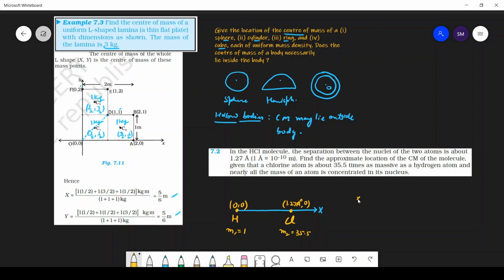The position of the center of mass, capital X, is equal to m1x1 plus m2x2 divided by m1 plus m2. There is no need to change into meters, because the answer will also come in angstrom. And as I told you, if you take the masses as x and 35.5x, x will be cancelled out.